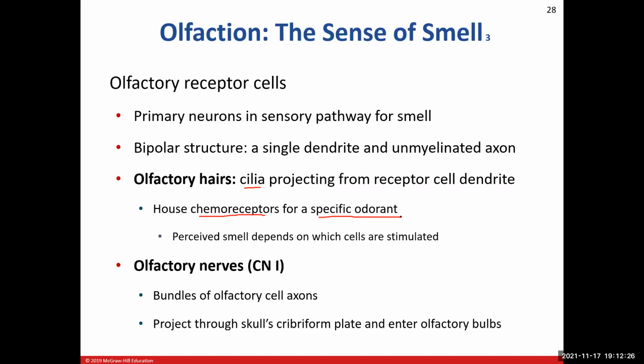If you were to smell something like a flower or a cake, then those chemoreceptors would perceive that smell. So it depends on which chemoreceptors are going to be stimulated, and that's based on what type of odorant they come in contact with.